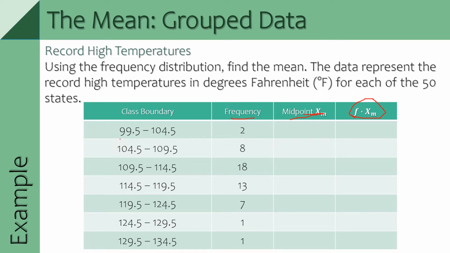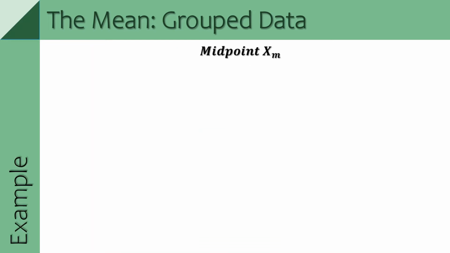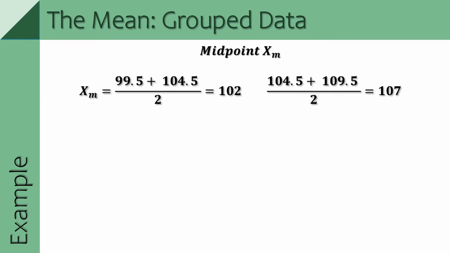So we are going to get the midpoint of the first class, the second class, up to the last class, which is 200.5 up to 304.5. Let's start getting the midpoint, or x sub m. We have x sub m equals 99.5 plus 104.5 over 2, which is 102.